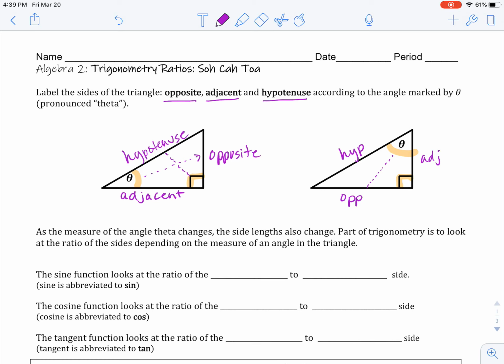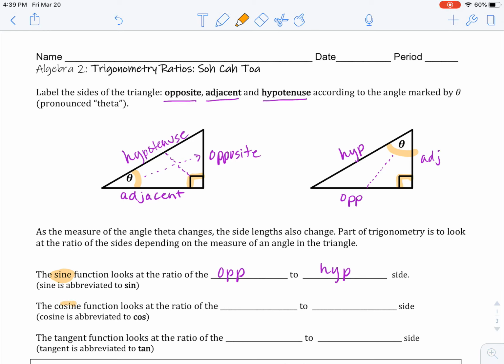So in right triangles, we like to look at the ratios of the sides. And those ratios have special names. We have three in particular we're going to look at. The sine function, which looks at the ratio of the opposite side to the hypotenuse side.